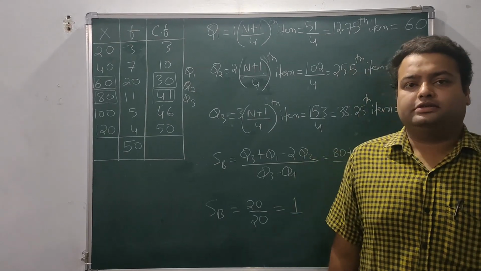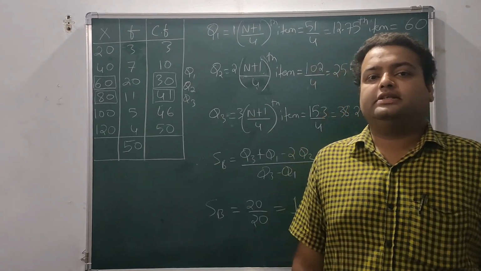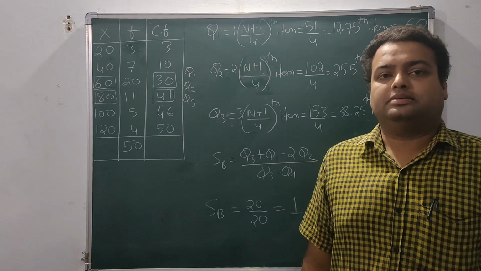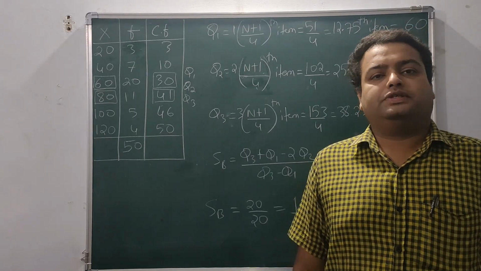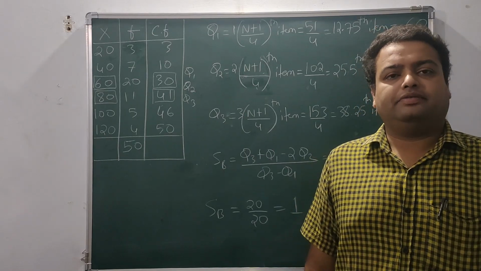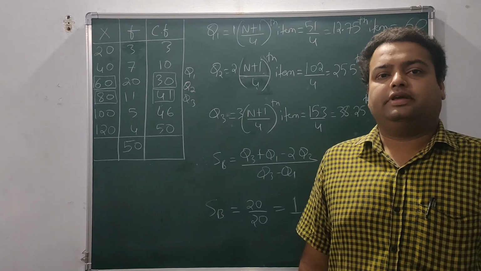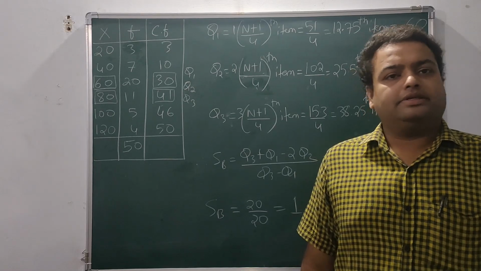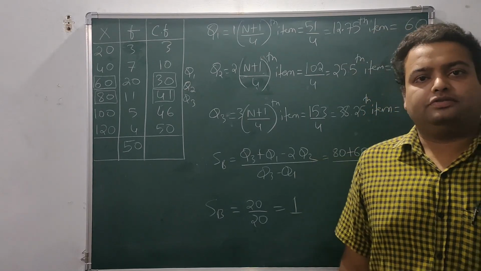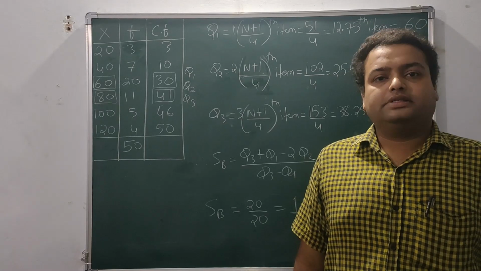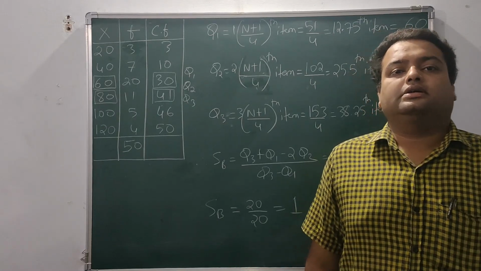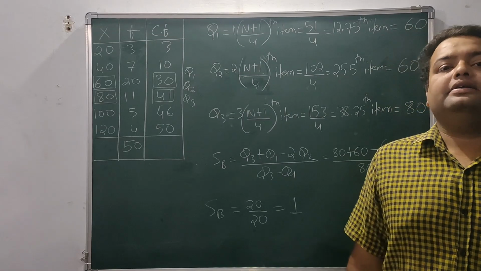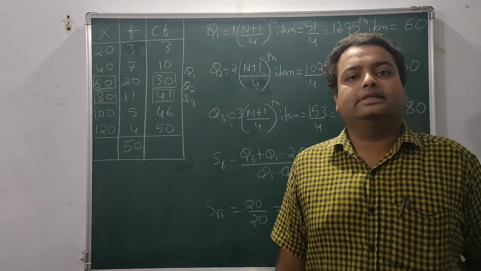Yes, hello students. In today's session, we shall look at a few examples on Bowley's coefficient of skewness. As discussed in the previous session, we have three measures of skewness: Karl Pearson's coefficient of skewness, Bowley's coefficient of skewness, and skewness based on moments.